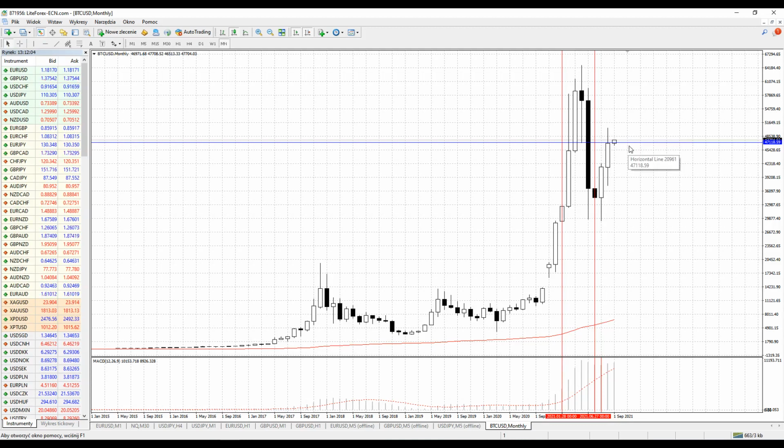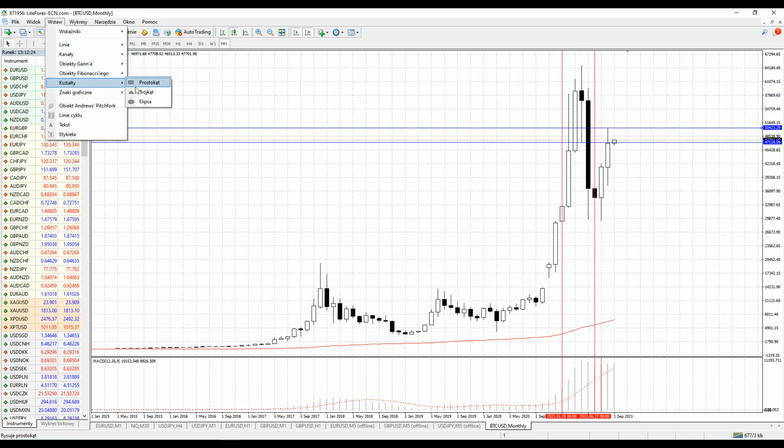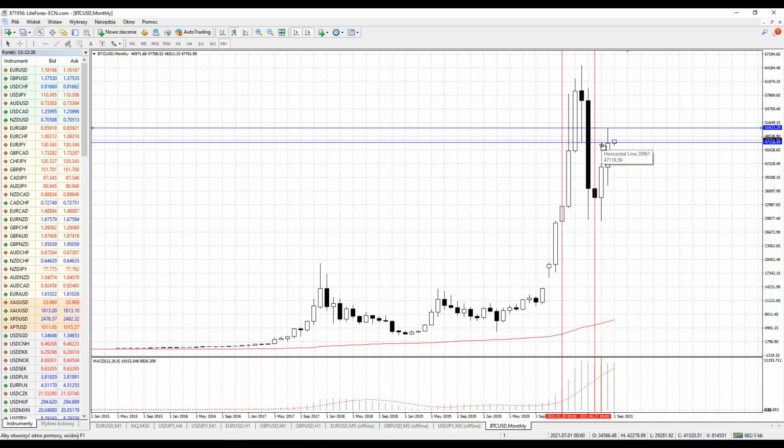Okay, in that case, what we have to do, we have to take into the consideration the distance between the monthly close and monthly high when it comes to September, right? Let's have a look what we are going to do.